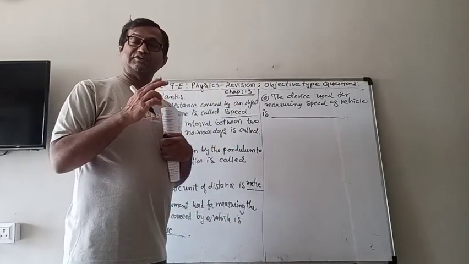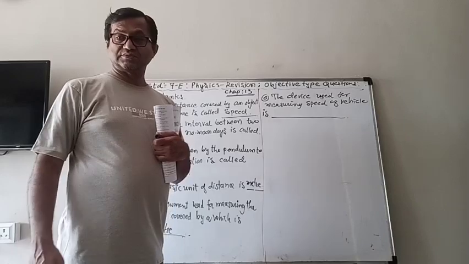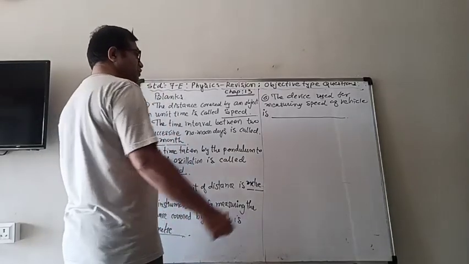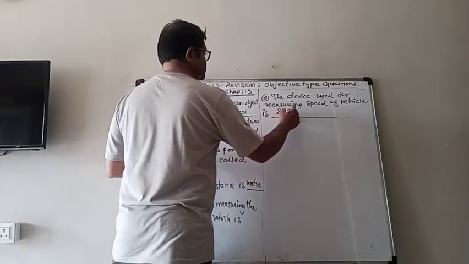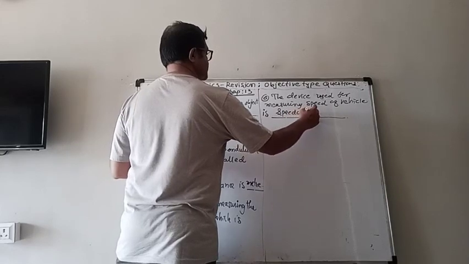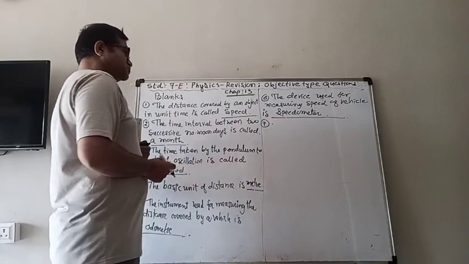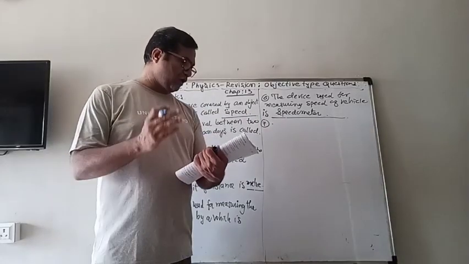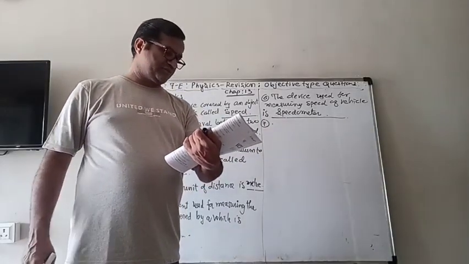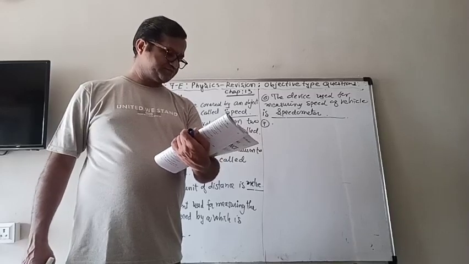One is the odometer, which tells you the distance, and the other tells you the speed, that is known as speedometer. So on each vehicle there are these two types of instruments.